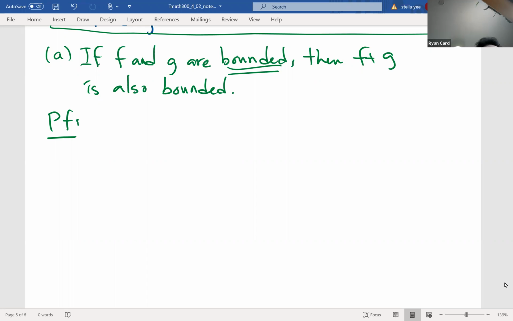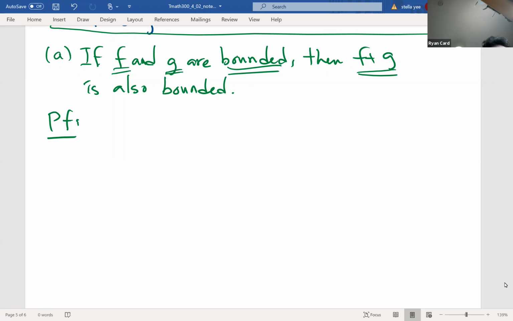We're given that f and g are both bounded, so I have to use the definition for those 2 functions, f and g. And then using those 2 facts, I need to show that f plus g also satisfies the condition for being bounded. So I end up using this definition 3 times. Let's see how this is done.